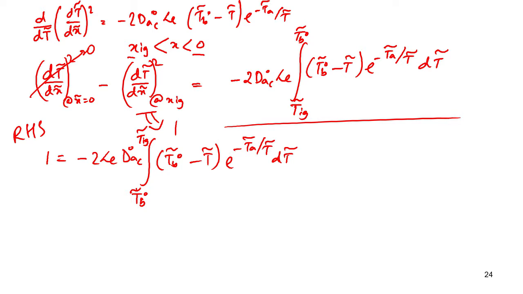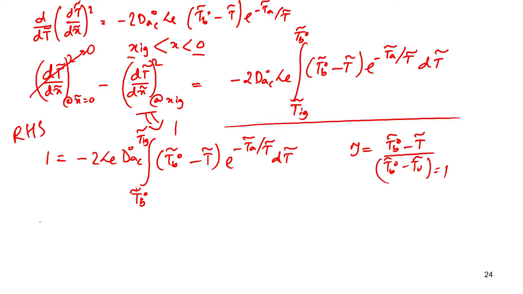Okay. Now let's focus only on this right hand side. Now let's introduce another change of variables where tau is equal to t_b0 tilde minus t tilde. And you see we can also write it as t_b0 tilde minus t_u tilde, because this guy is equal to 1. So that is a good thing about normalization, it becomes much simpler.